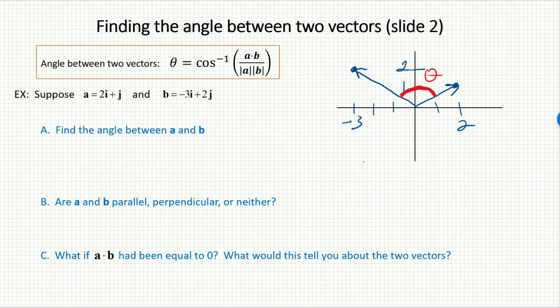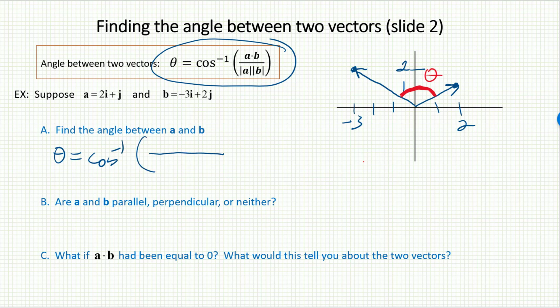Well, I don't really need to worry about the picture because I have this great formula that tells me exactly what to do. All I have to do is find the cosine inverse of the ratio formed by taking the dot product on the top. Well, let's calculate that. That would be 2 times negative 3, right? Multiply the horizontal components together, plus 1 times 2, multiply the vertical components together.